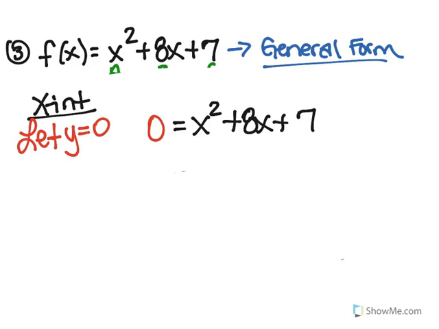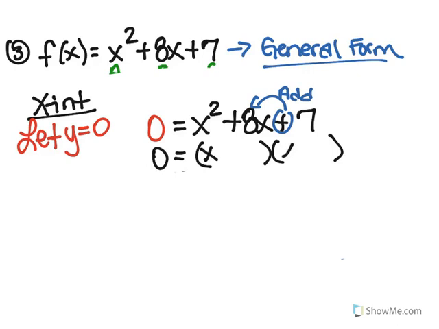This can be factored, and that's what I'm going to do. I'm going to factor into my 2 parentheses. I am adding to get 8. Very simple factor. You only have one factor pair of 7: 7 and 1. And we're adding, and 8's positive, so they're both positive.